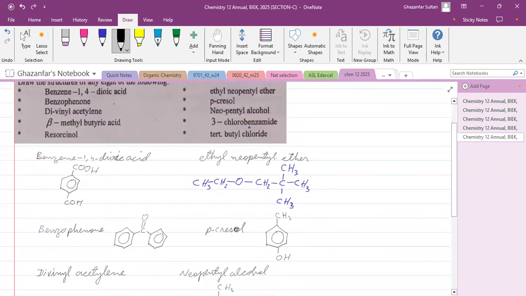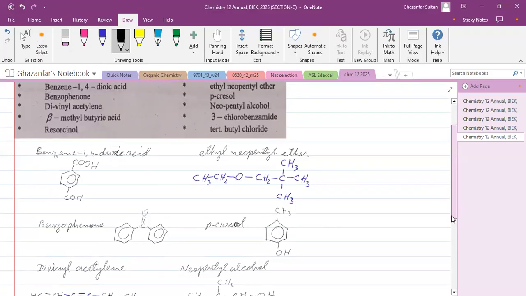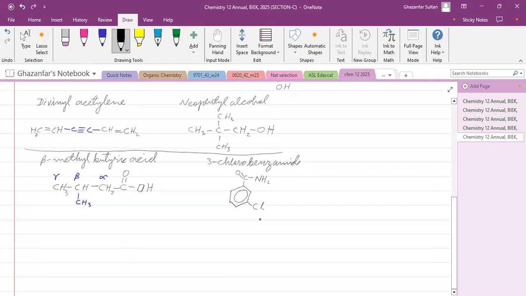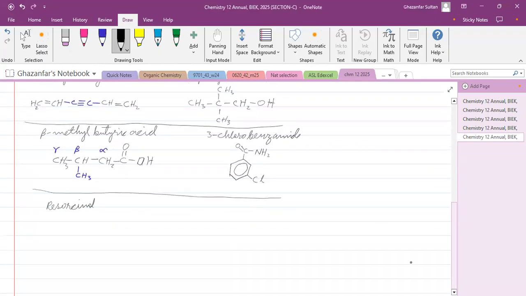Now the next is resorcinol. Resorcinol is one of the dihydric phenols.